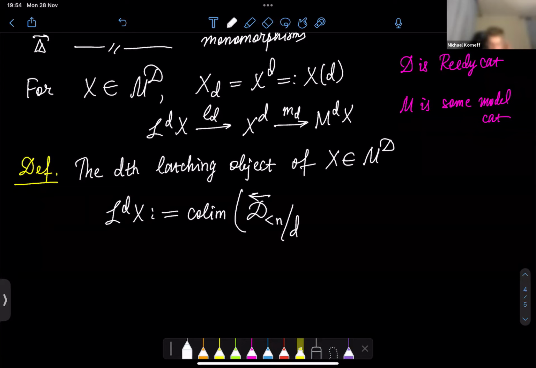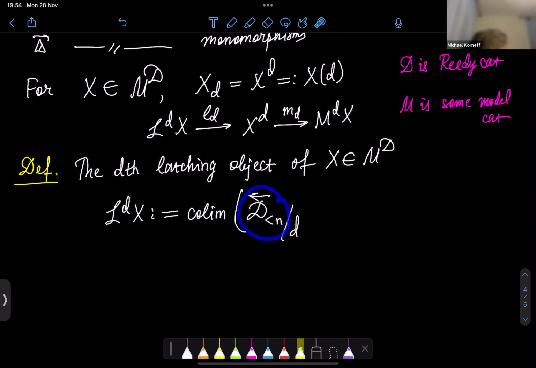We can form the following slice category. It's simple notation: we take the subcategory consisting of objects which have degree less than n, and after that we form the slice category with the object D having the degree n.